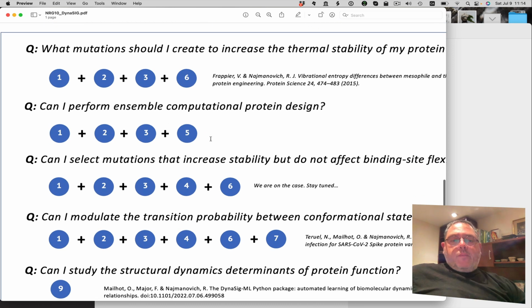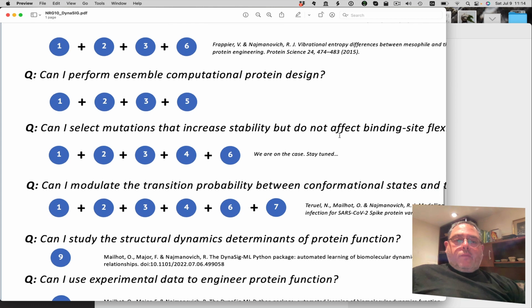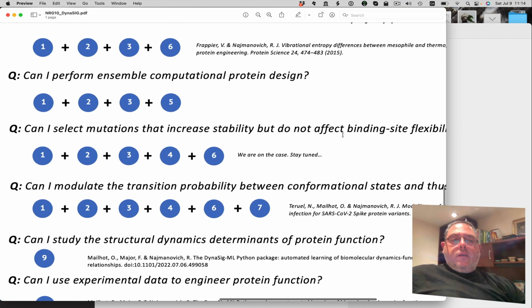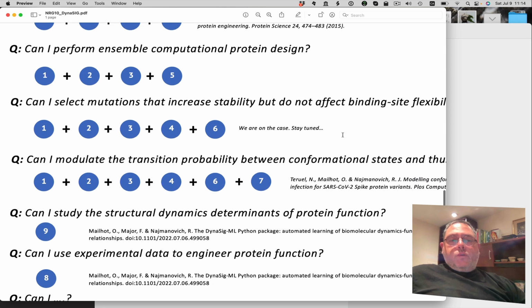You can generate conformational ensembles and use them in computational protein design. We don't do that, but many groups around the world use conformational ensembles to improve the quality of computational protein design. And this is something that you can do here, as opposed to, for example, using molecular dynamics, or in addition to.